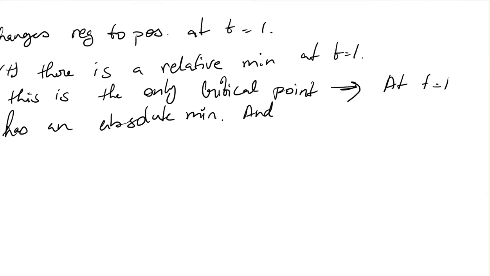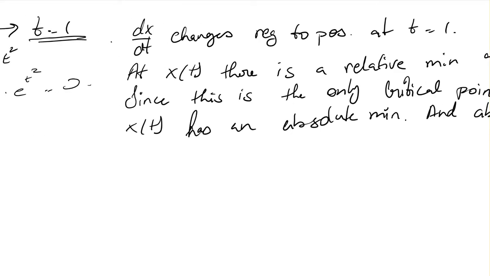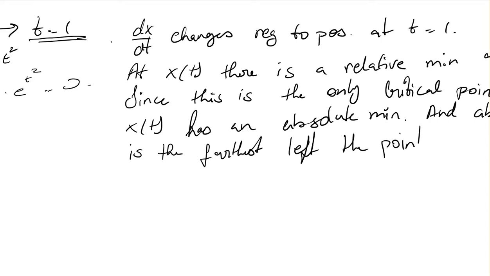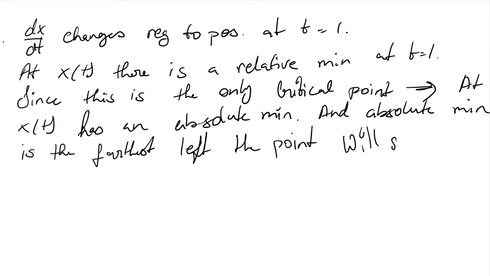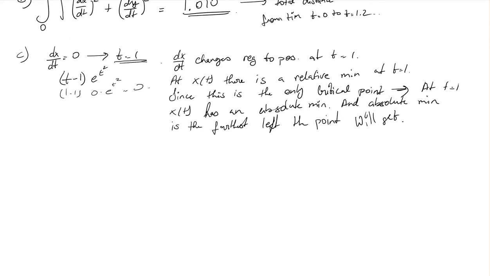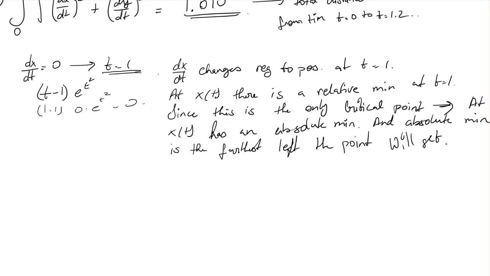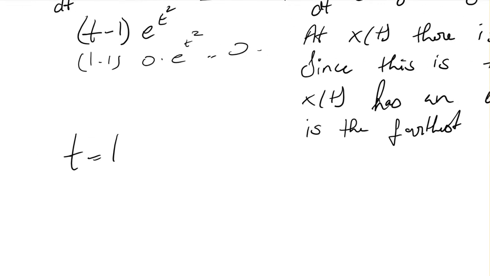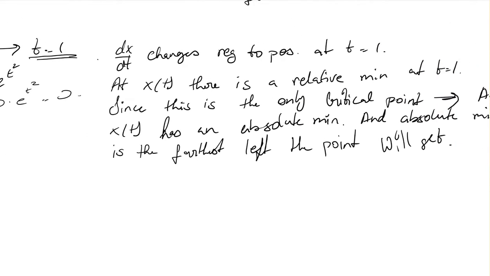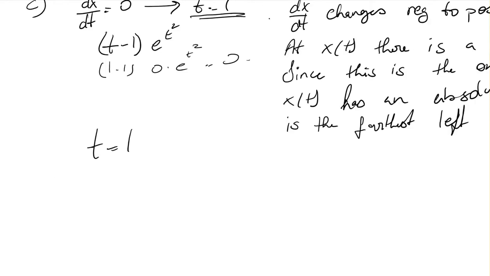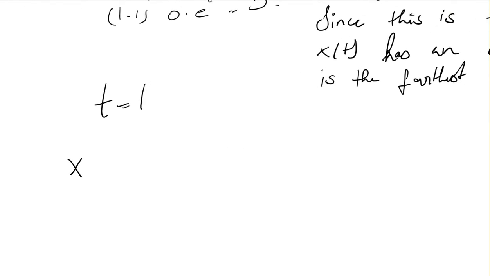And the absolute minimum is the furthest left the point will get. So now that we know t equals 1 is where x(t) gets its absolute minimum, we can plug it into the equation to find the coordinates, because that's what the question asks for, the position.